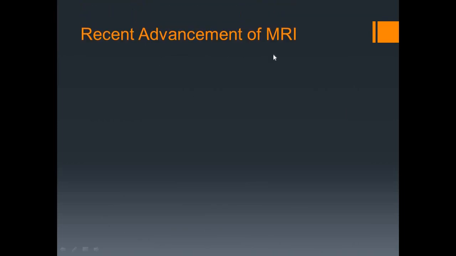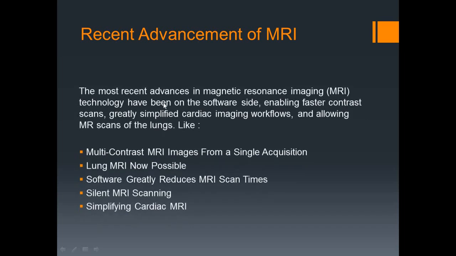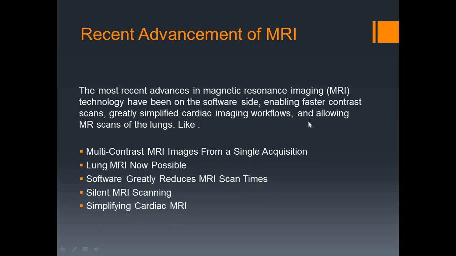Recent advancement of MRI. The most recent advances in magnetic resonance imaging technology have been on the software side, enabling faster contrast scans, greatly simplified cardiac imaging workflows, and allowing MR scans of the lungs. Many popular companies are claiming achievements like multi-contrast MRI images from a single acquisition.